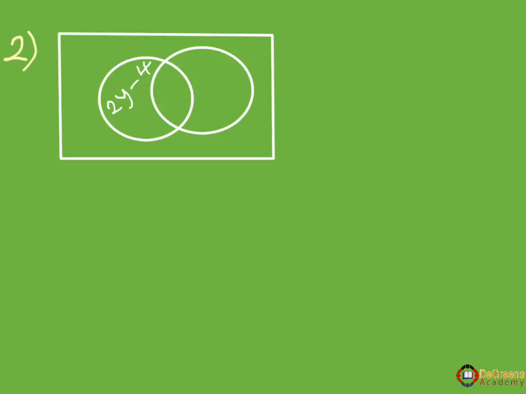Let's look at the second example. Let's have a Venn diagram with these entries.